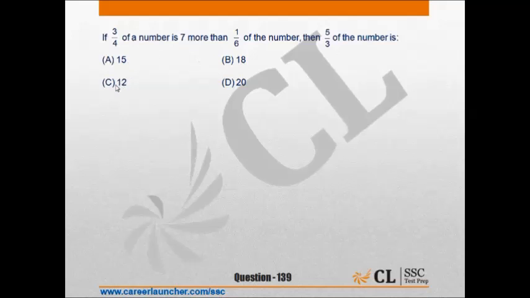So option C and option B are directly eliminated. Now, if 5/3 of a number is 15, then the number would come out as 9. If 5/3 of a number is 20, then the number would come out as 12. Now, I can see that 9 is not a multiple of 4, but it is a multiple of 3. But coming to 12, it is a multiple of 4 and 6 and 3. Hence, my answer is option D.